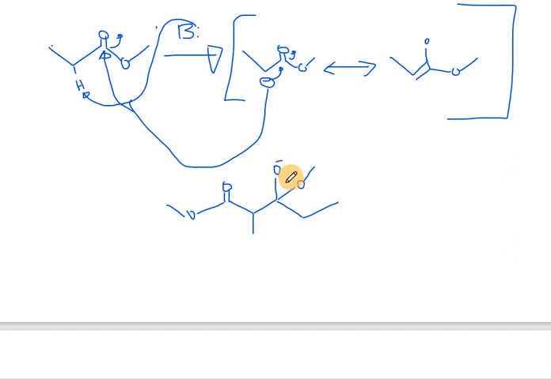Now, for stability, the lone pairs on this oxygen will form back to the position. So we assume the carbonyl bond again. Then the methoxy group will now leave the system. So when it leaves, we are going to have the product which will look like this.